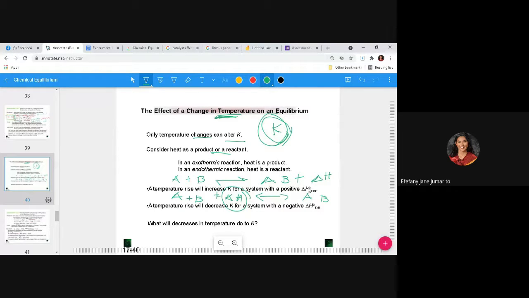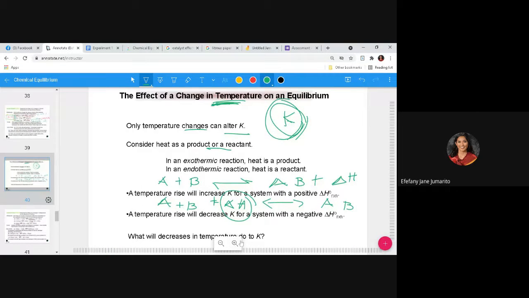So a temperature rise, we have this: a temperature rise will increase K for a system with positive enthalpy. Okay, this one is enthalpy. A temperature rise will decrease K for a system with negative enthalpy.